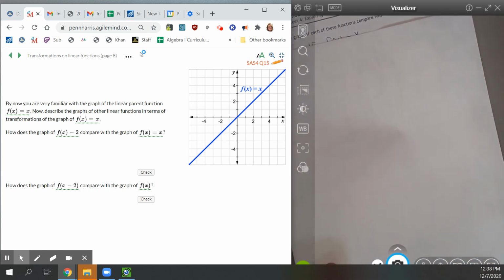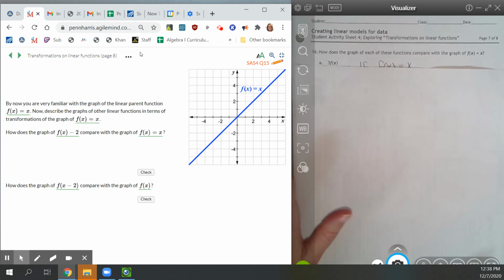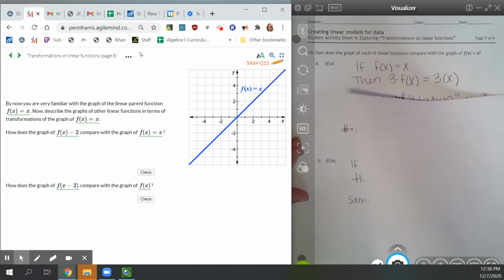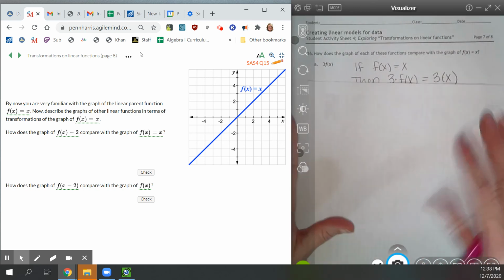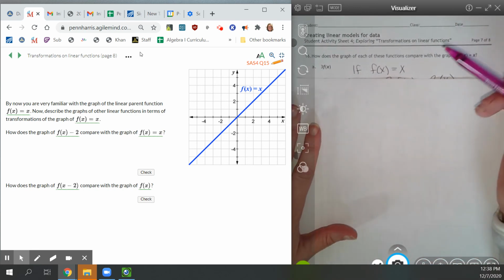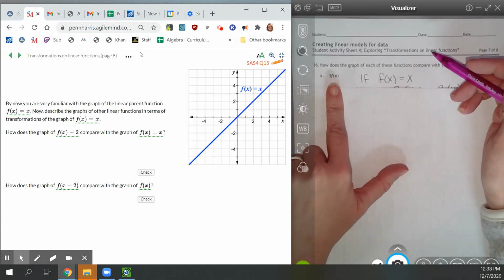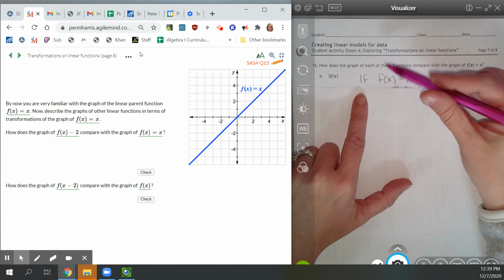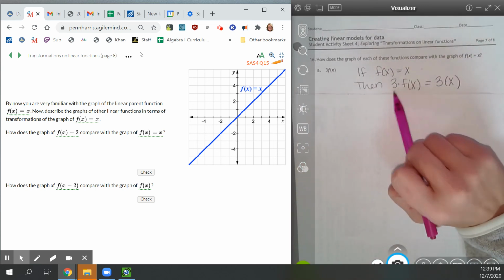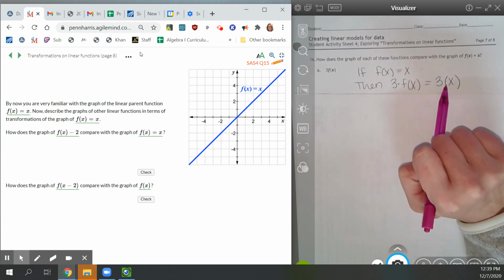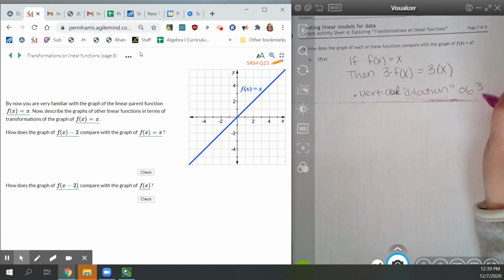Go to question 16. These next two are pretty much the same for right now. It'll change when we get to other sections, but right now it's the same. Here we're going to take f of x and multiply it by 3. So if f of x equals x, if we multiply this by 3, that means we're going to multiply our x by 3. This is what we call a vertical dilation.